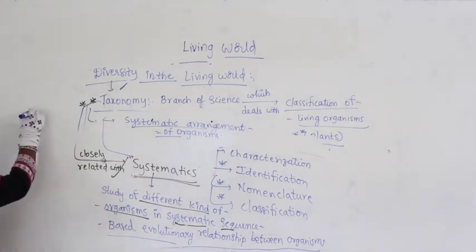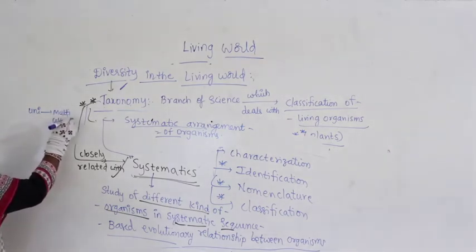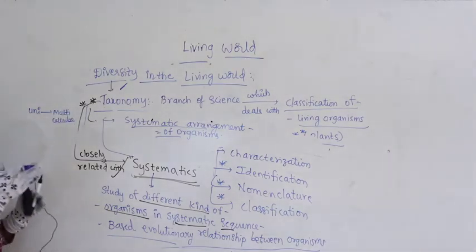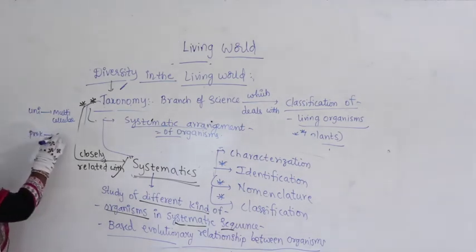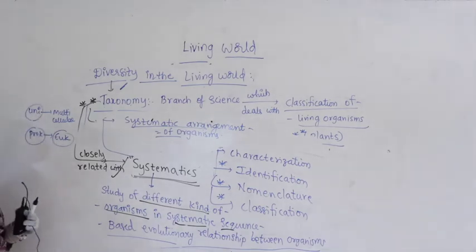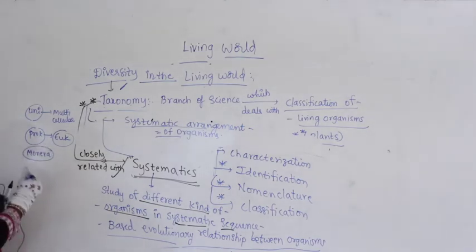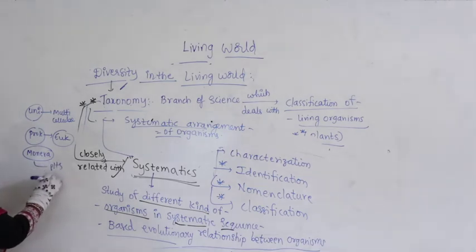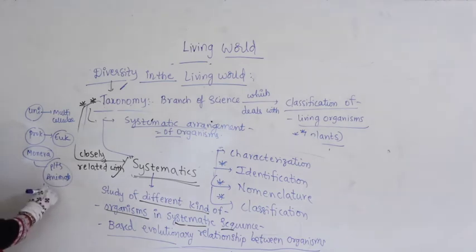We say unicellular organisms to multicellular organisms. First we start keeping unicellular organisms, slowly we keep multicellular organisms. Then initially we keep prokaryotic organisms, later we keep eukaryotic organisms, right. First we say monera, meaning initially formed organisms, later we talk about plants and animals. That means monera is a lower organism, plants and animals are higher organisms.